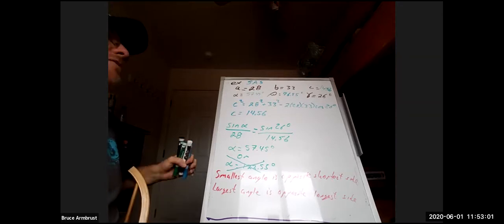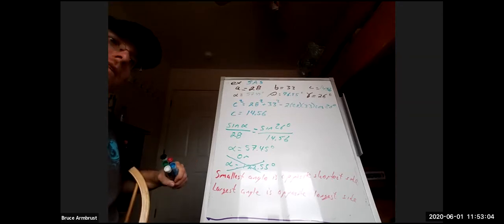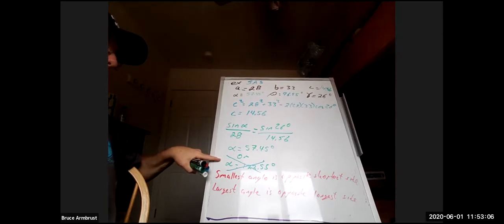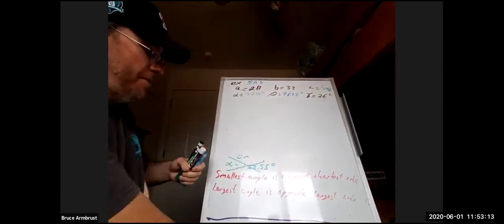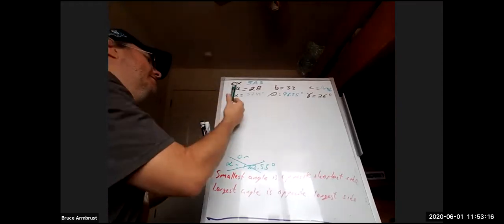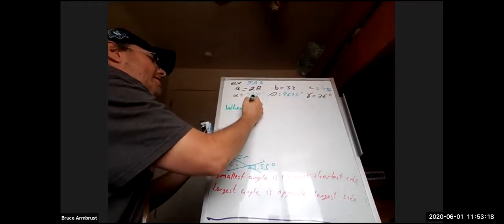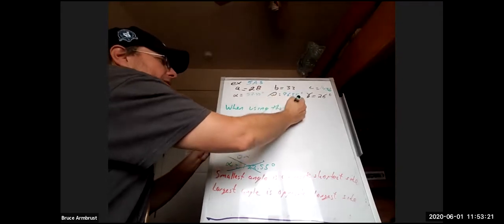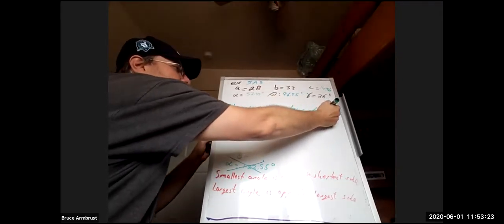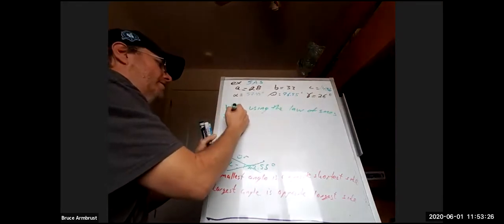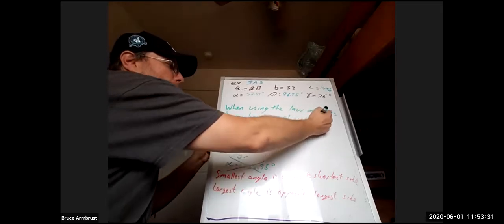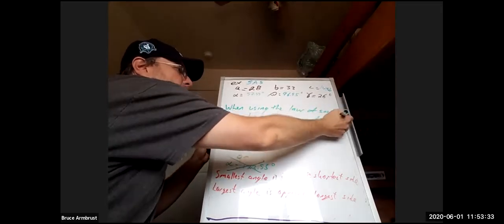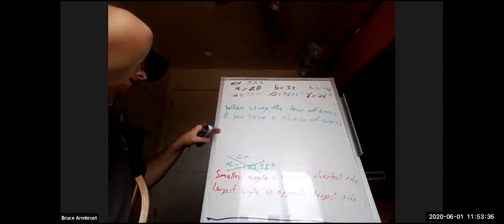Okay, so even though law of sines is easy, it does come with this big if and this big or. So let me just give you this fact right here. When using the law of sines, and you have a choice of angles, like that's where we were here. We had a choice of either alpha or beta.